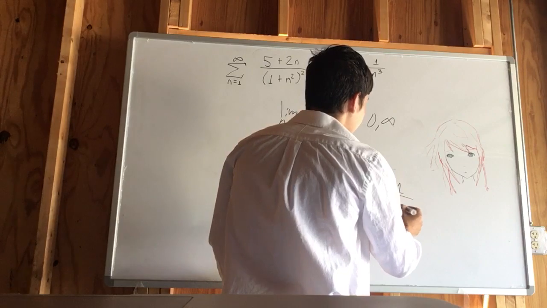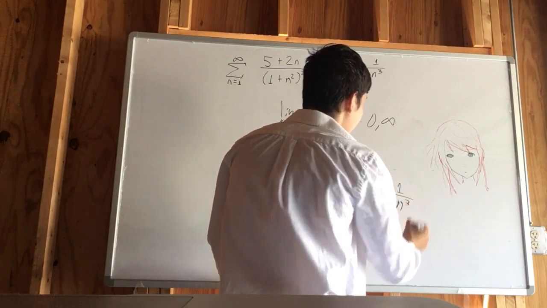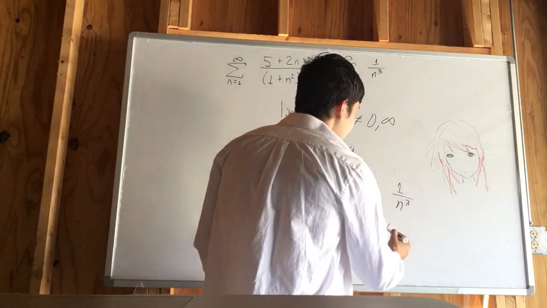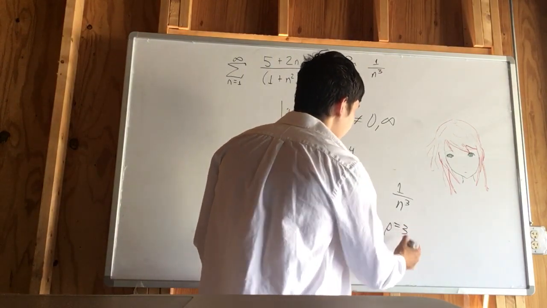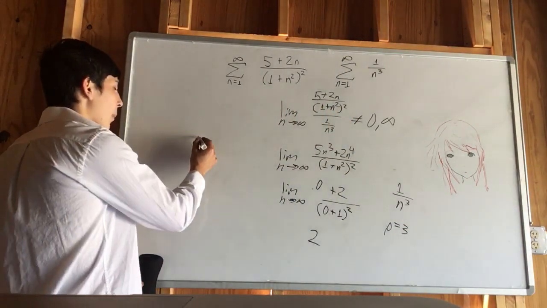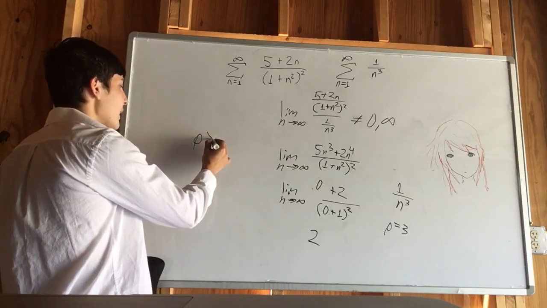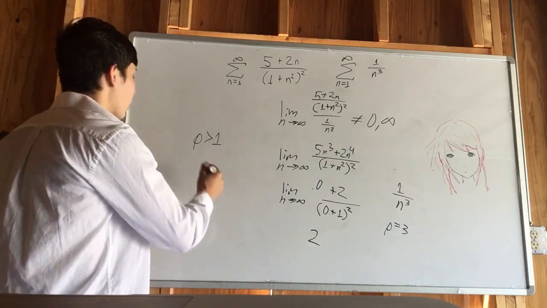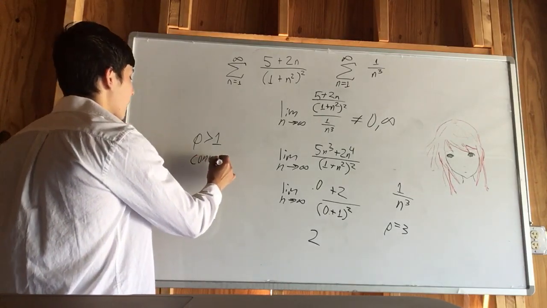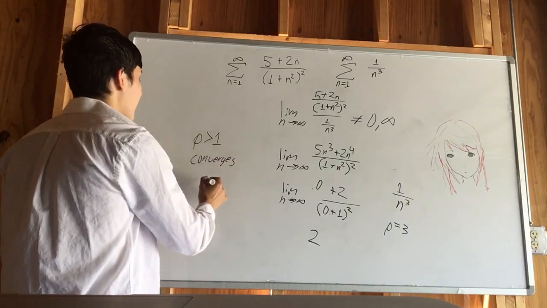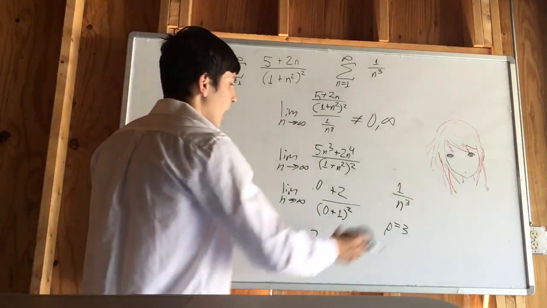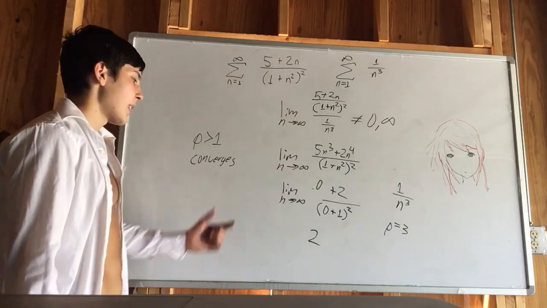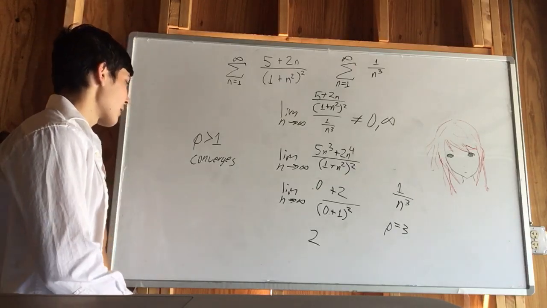Well, it's a p series. It's 1 over n to the power of 3, so our p is 3. Remember with our p series, when p is greater than 1, it converges. The way you remember that is because the denominator is getting very large, so your term as a whole is getting very small, and smallness indicates convergence.